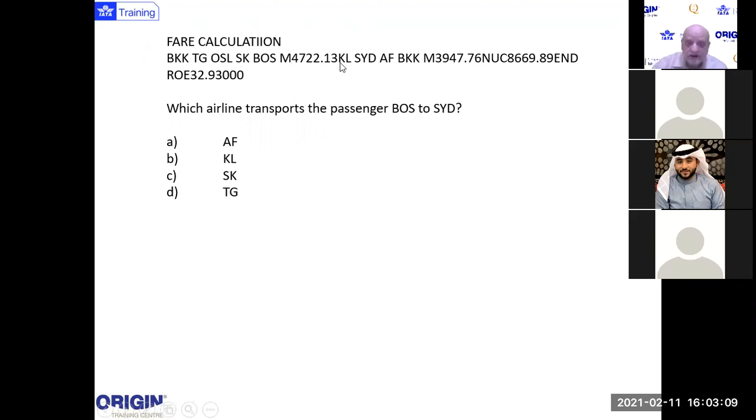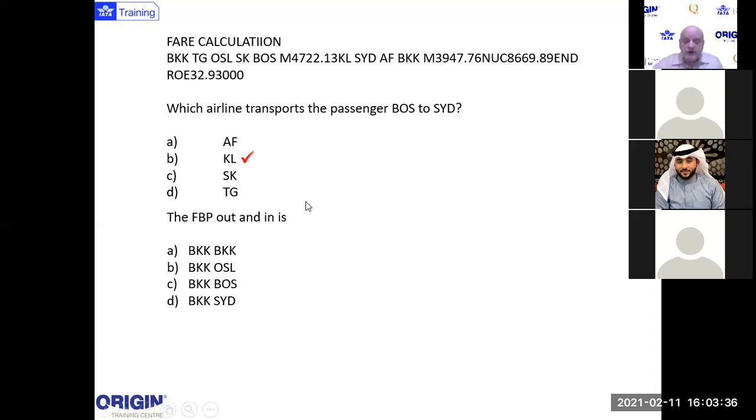But the carrier is going to be 2 characters. So somewhere between Boston and Sydney, you're looking for the thing with 2 characters, and that's KL. Everyone okay on that? Yes. Okay.